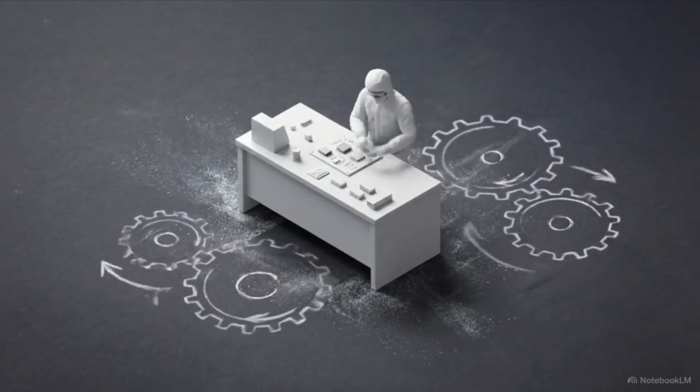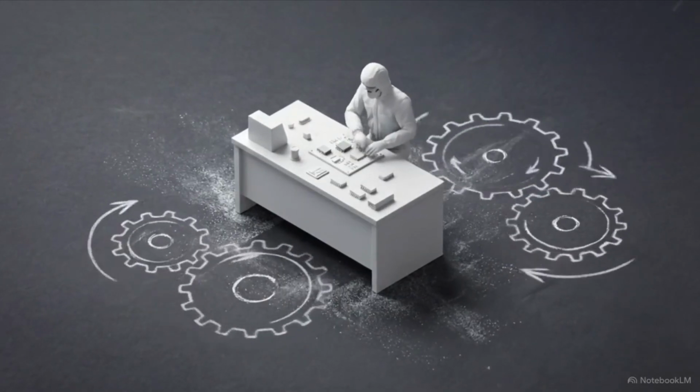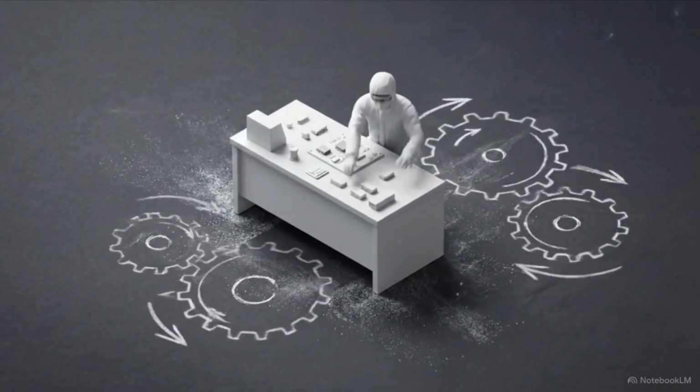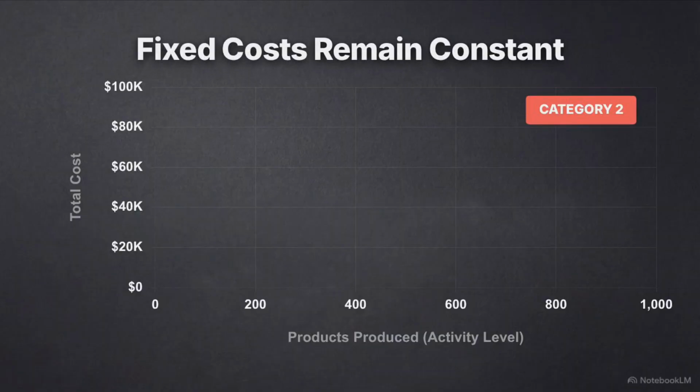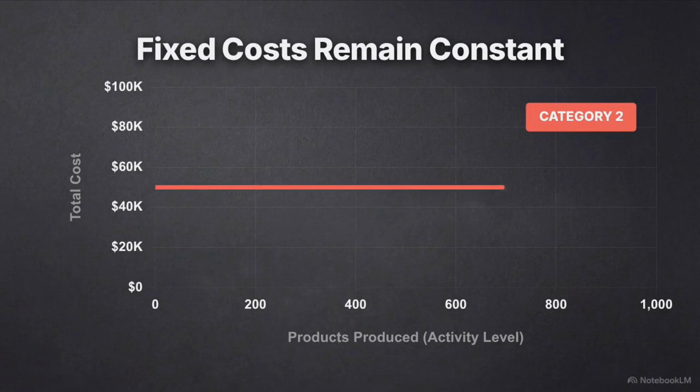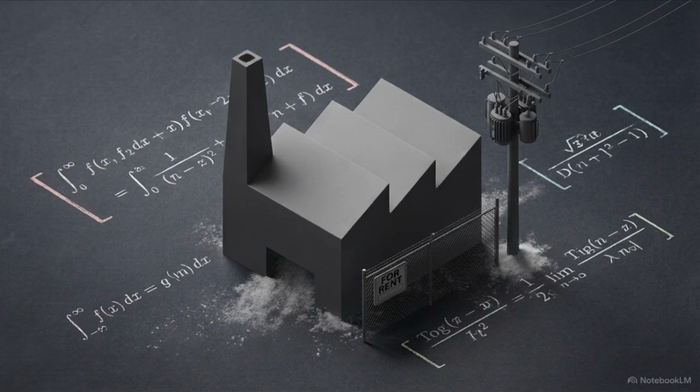On the labor side, direct labor hours are also variable costs, as they scale directly with the time spent actively assembling units. The second required category is fixed costs. Unlike variable costs, fixed costs do not vary at all, regardless of any changes in the activity level. Common physical overhead examples include facility rent, utility bills, and property insurance.